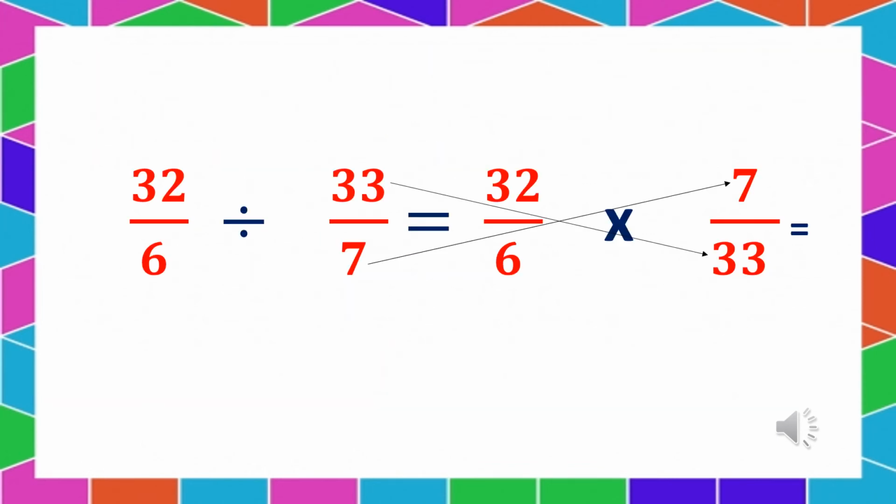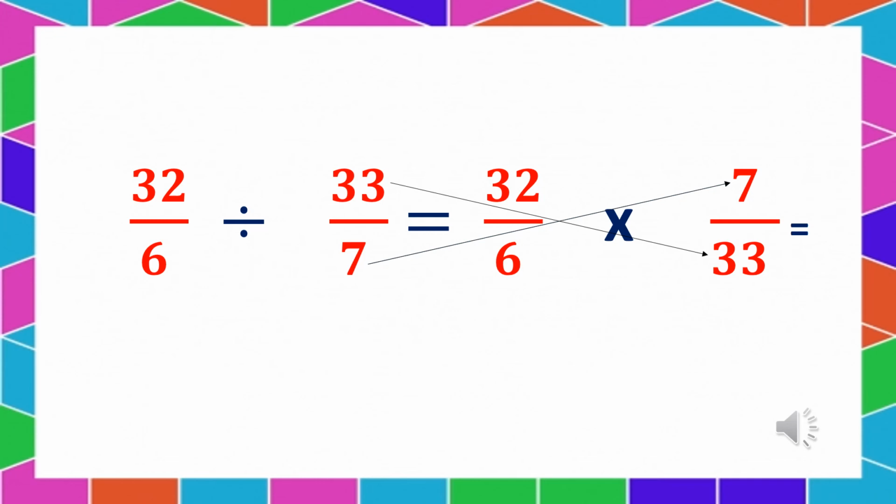We will now perform the division, because we were able to change the mixed fractions into improper fractions. So we will multiply the dividend by the reciprocal of the divisor. The reciprocal of 33 over 7 will become 7 over 33. So we have 32 over 6 times 7 over 33.